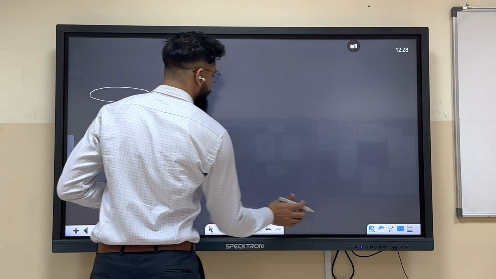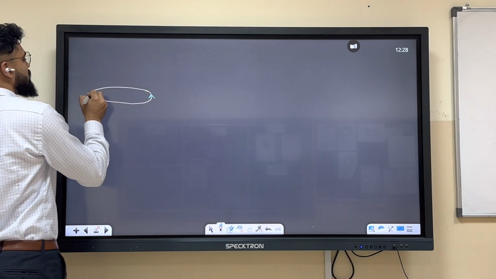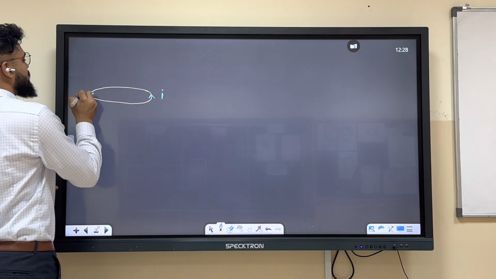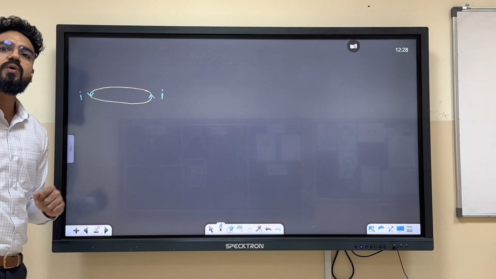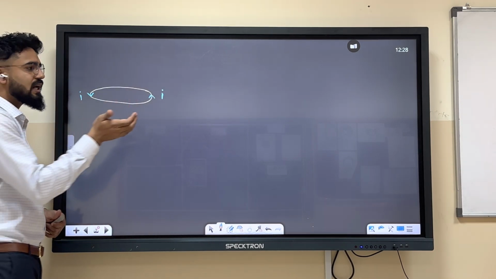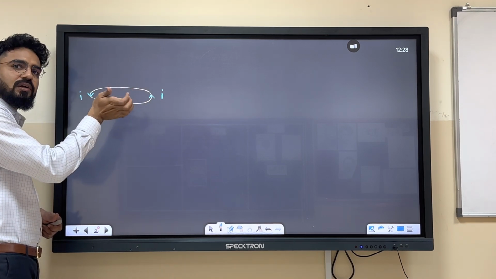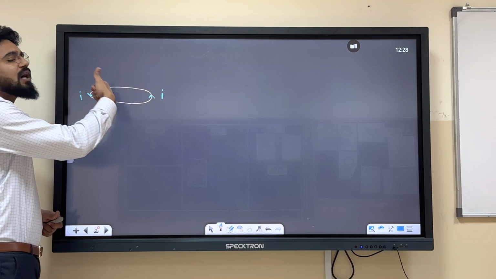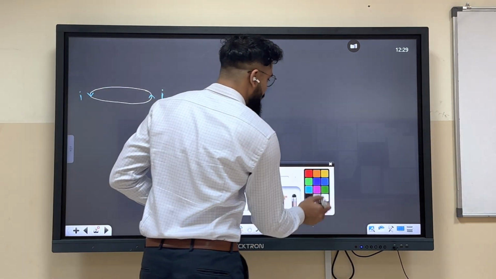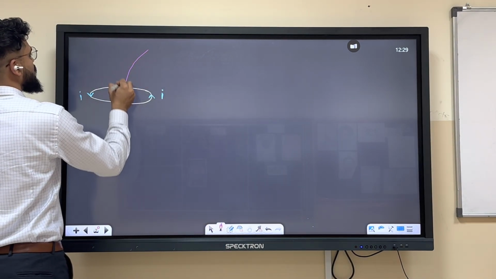If it has current like this, we all know in what direction the magnetic field will be produced. Curl your fingers in the direction of the flow of current, and the thumb will show the direction of the magnetic field lines. So we also know the pattern of the magnetic field lines.